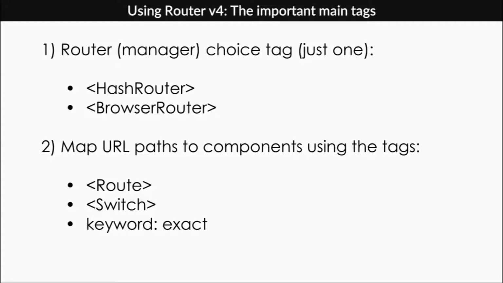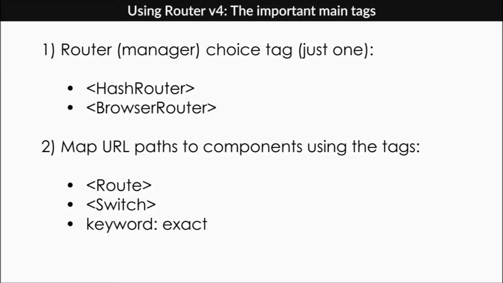In the HTML style that we're using when you're building your React applications just in standalone HTML files, I'm going to use the hash router manager. If I deployed my HTML up to a regular web server, then I could switch out hash router and switch in browser router, and everything should work exactly the same. So that's your first decision, and we're going to be using hash router in the HTML applications.